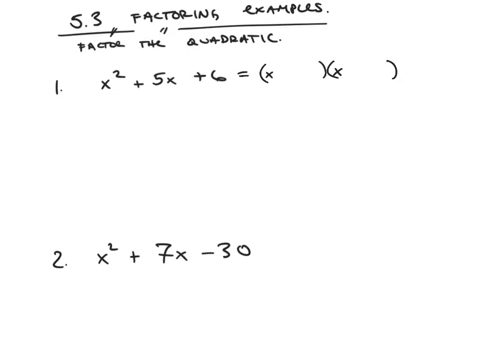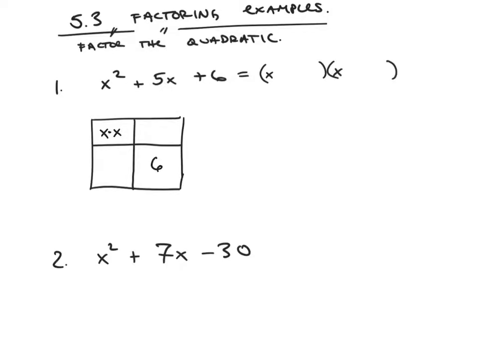And the way I represented that visually, so I could think about it, is I made one of these compound rectangles, these boxes, and I recognized that the top left of the box would be x times x, and the bottom right of the box would be 6. And that helped me figure out that there would be an x and an x at the top there.